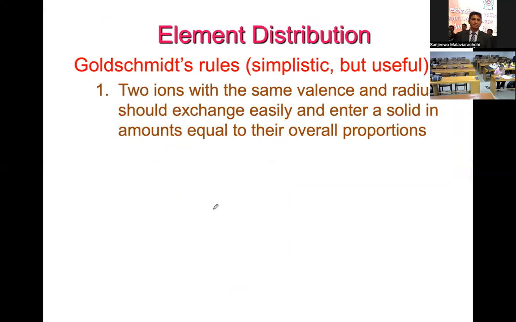Okay, right. So there is another important point that we have to consider, which is element distribution. Element distribution means how different elements are fractionated, how they are separated into different phases. This is the very simple definition of fractionation or elemental distribution.